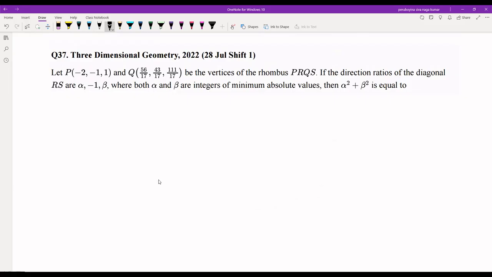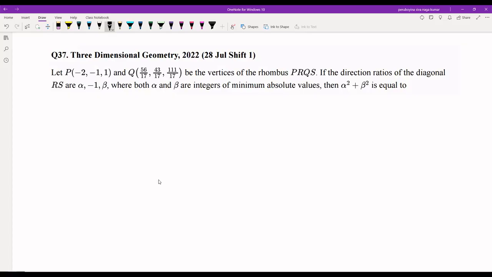If the direction ratios of diagonal RS are alpha, -1, beta, where both alpha and beta are integers of minimum absolute values, then alpha square plus beta square is equal to how much?